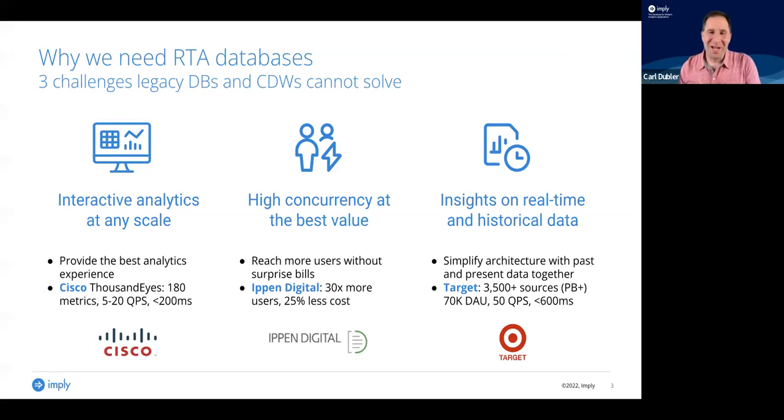But because we're here, that's indicating that there are challenges with real-time analytics, and you need a database that's built for it. And these are the three challenges that you see here: interactive analytics at any scale, high concurrency at the best value, and insights on both historical and real-time, or both batch and streaming data.